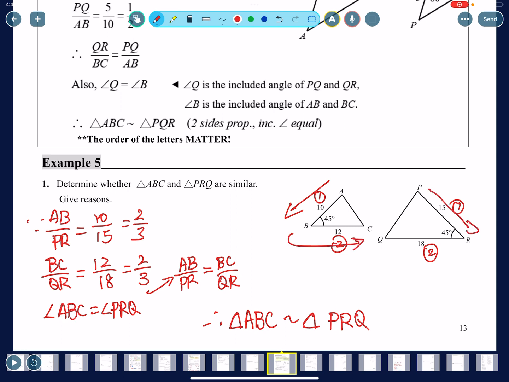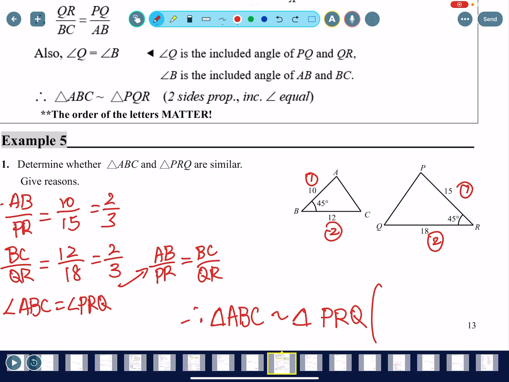So you go along the smallest side of the bigger triangle, then the second smallest side of the bigger triangle. So it's PRQ. And then the condition is 2 sides are proportional. I don't know why this one has a short form but the other one doesn't. I think the other one you can also write prop. Included angle is equal.